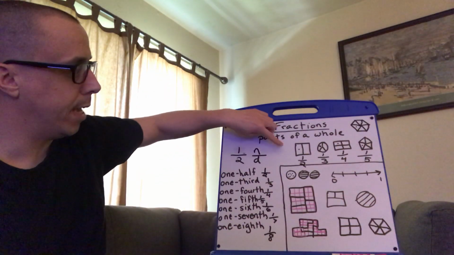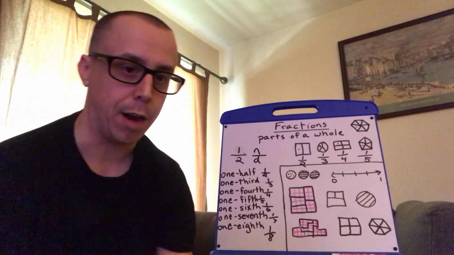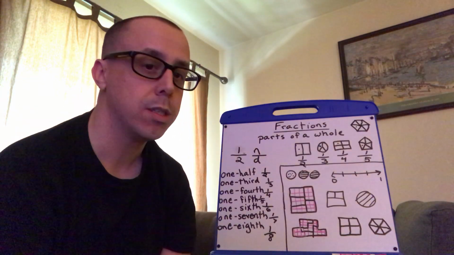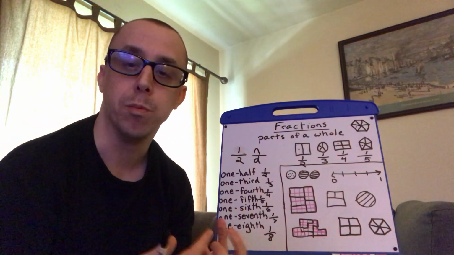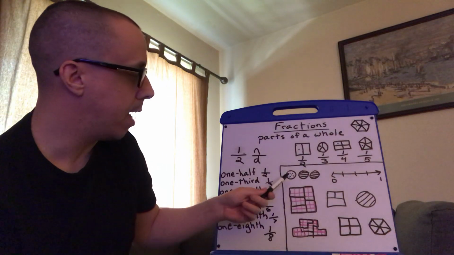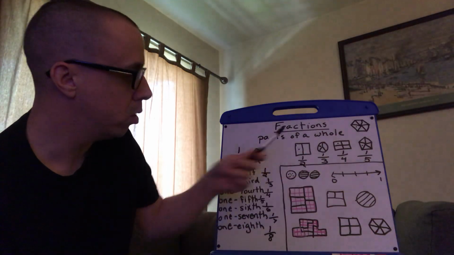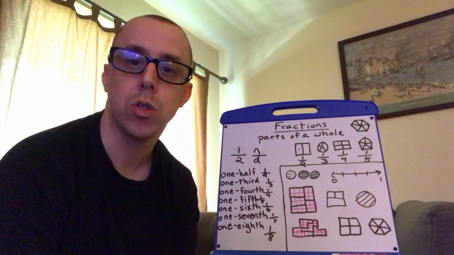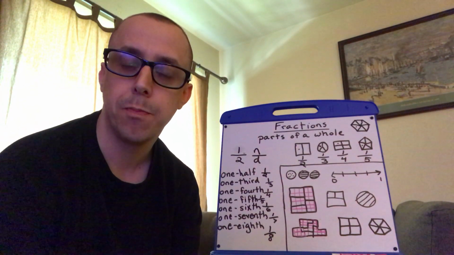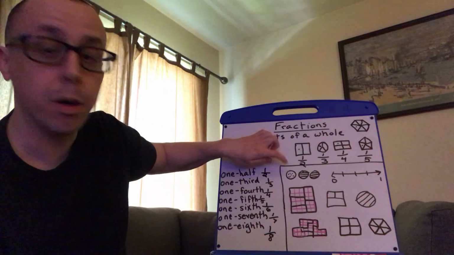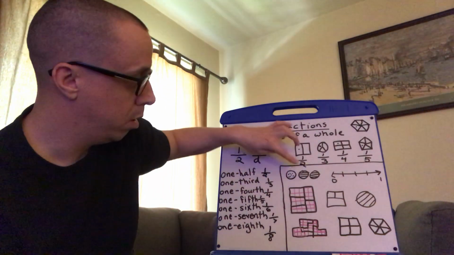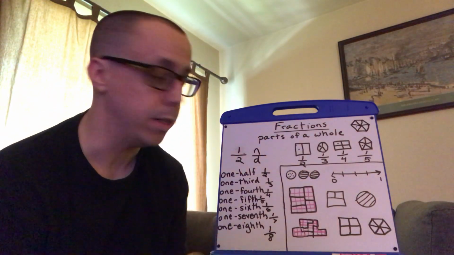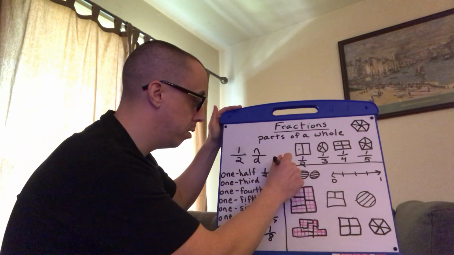Okay, so you can divide shapes into fractions, but there's other ways that fractions can be represented. Fractions can be represented by looking at a group of objects. Okay, here I have drawn 3 circles. If I wanted to tell how many of those circles are polka dot, I would say that one of them is polka dot, 2 have stripes, so 1 out of the 3 are polka dotted, so that would be 1/3.